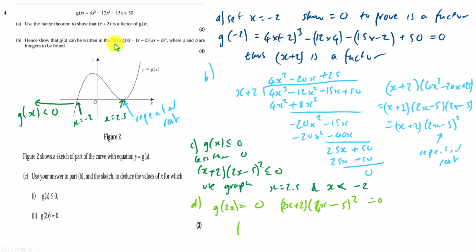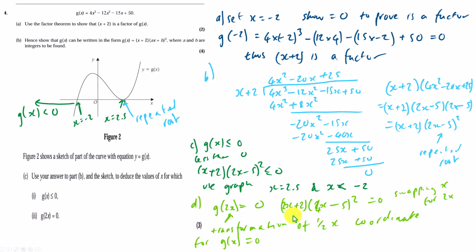So 2x swaps for the x above here because you can see what g of x is, and essentially if you solve these both you'll get the answer, but it's quite easy just to understand that you just half your x values, which would make sense. You'll get x equals minus 1 here. It's a transformation of a half x, or half times your x coordinate.